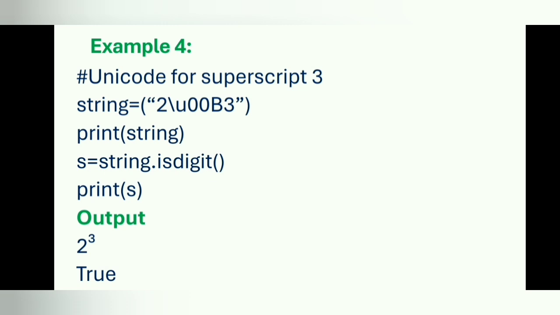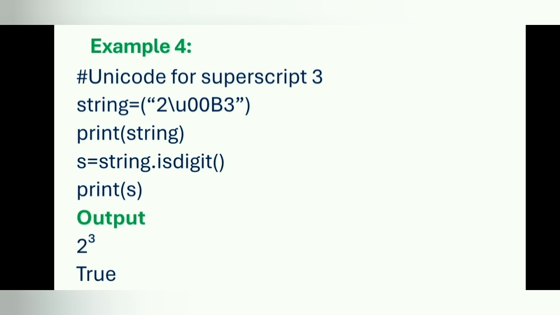Example 4. In Python, superscripts and subscripts, usually written using Unicode, are also considered digit characters. In this example, we assign the string value 2 and the Unicode for superscript 3 to the variable string. Then the print statement prints the string value, which is 2 to the power of 3. In the following statement, we apply the string isdigit method to this string. Then the print statement prints the boolean value.